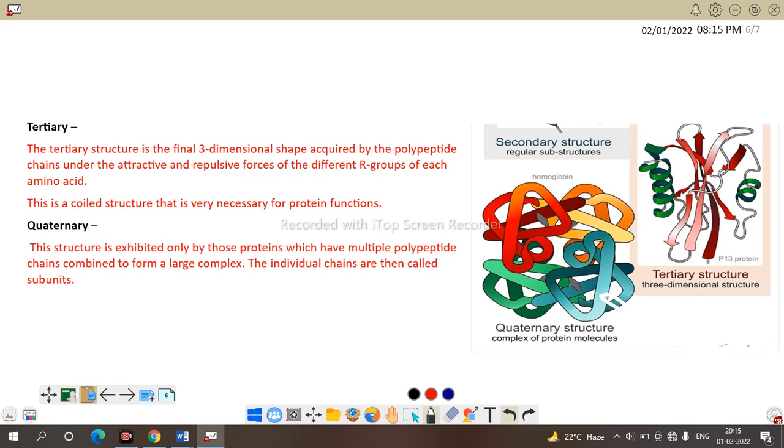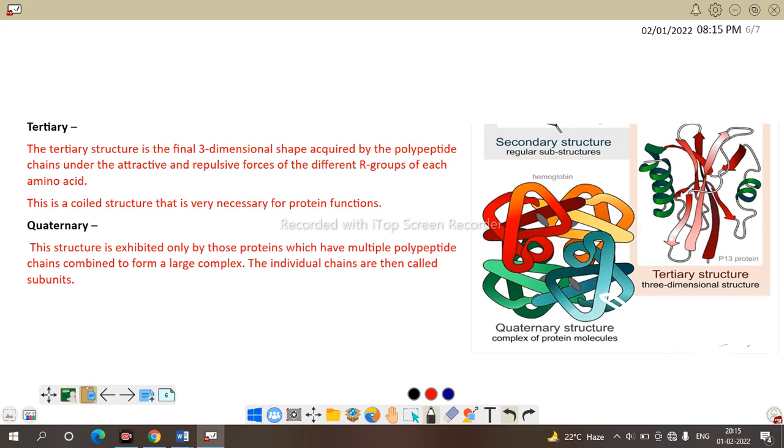The tertiary form is formed due to the repulsive and attractive forces of the different R groups. This is a coiled structure and it is very necessary for protein function. Here is the coiling structure.